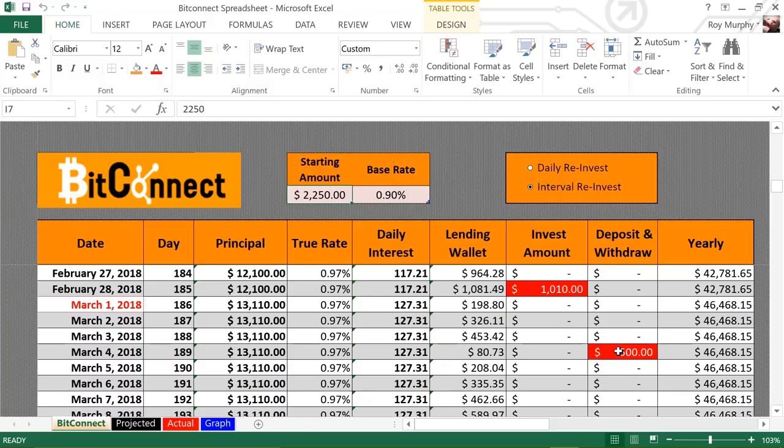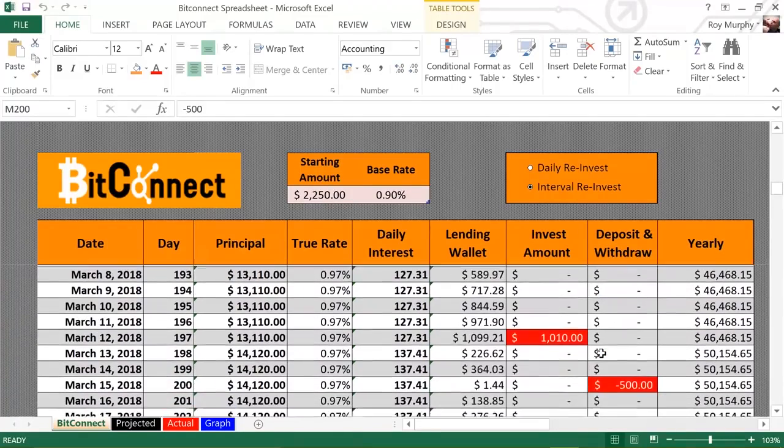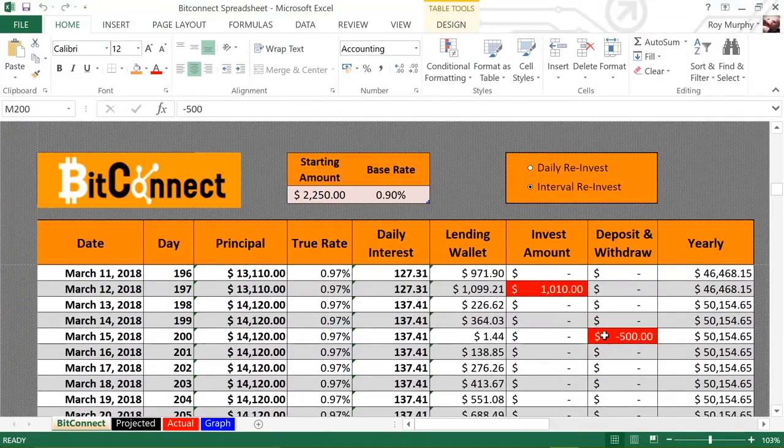On day 189, I plan to withdraw $500, all things being equal. And then, in the same month, I'm taking out another $500. So in the month of March 2018, I'm going to take out $1,000. I'm cashing out $500, or $1,000 in this case in March, on day 200.